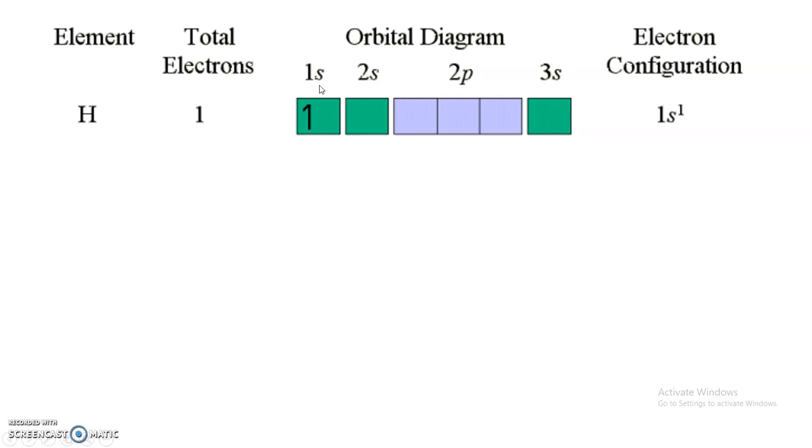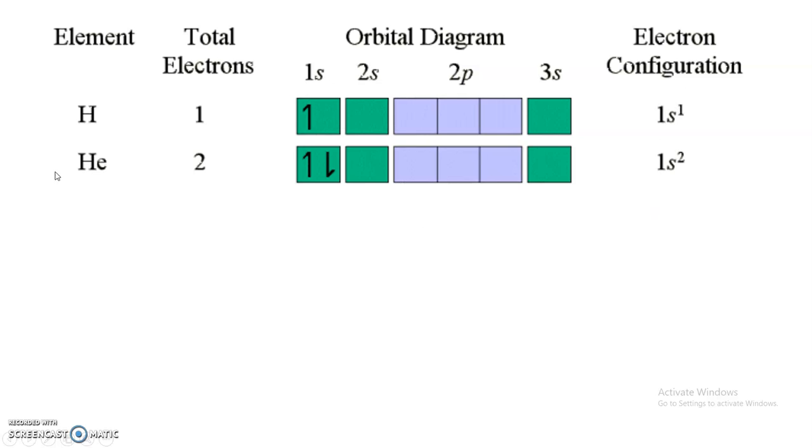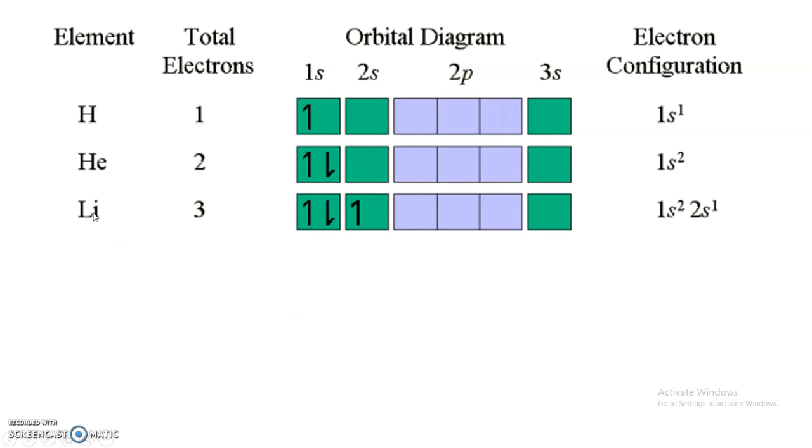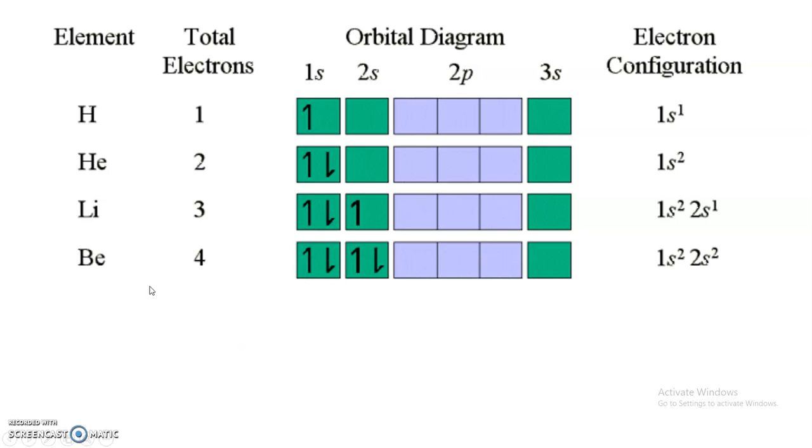It is accommodated in the 1s orbital and its configuration is 1s1. Now consider helium. 2 electrons are there. These are accommodated in the 1s orbital. So configuration is 1s2. For lithium, 3 electrons are there. So 1s2, because the 1s orbital is now completely filled, and the third electron enters the 2s orbital, and therefore 1s2, 2s1.